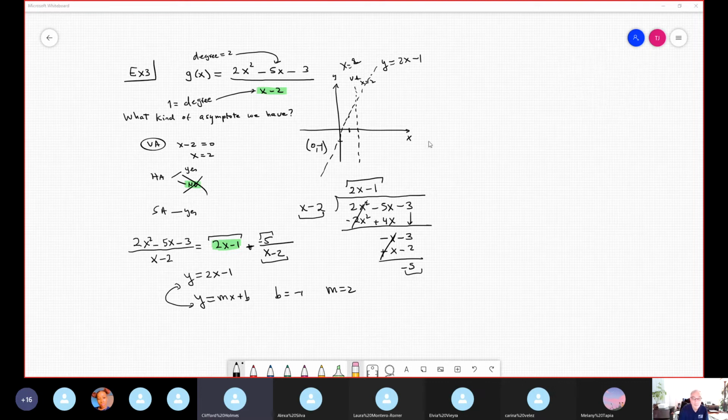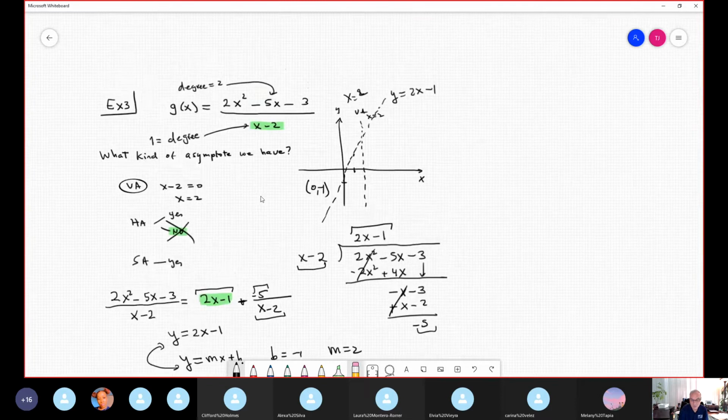I do the long division because, listen to me, I know I need to do long division because this fraction is an improper fraction, because the degree of the numerator is bigger than the degree of the denominator.